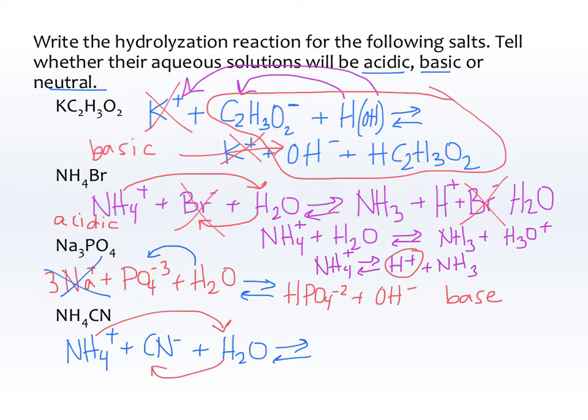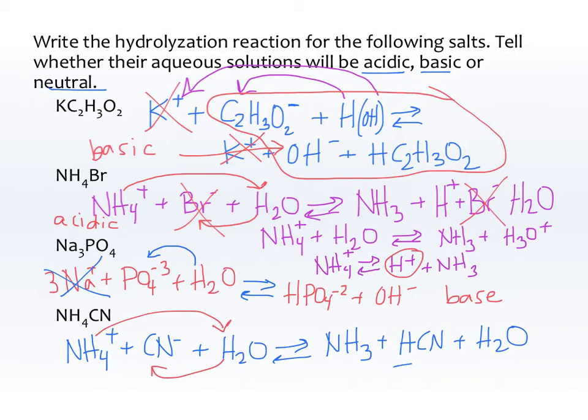So we'll end up with NH3 and HCN and water. The water didn't do anything, it stayed behind. So, acidic, basic, or neutral? It looks to me like this is totally neutral because the water stayed behind.